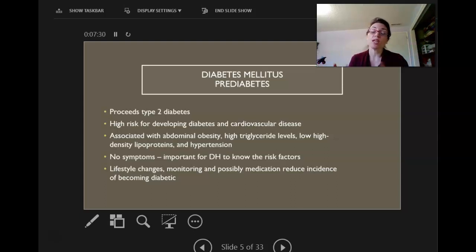They're hovering in between, and a very large population has this prediabetes. Prediabetes has no symptoms, and so it is important for us to recognize these risk factors and ask questions, refer patients to be screened if we can tell that perhaps there's things in their lifestyle that could predispose them to diabetes, and encourage our patients to make healthy behavioral changes.